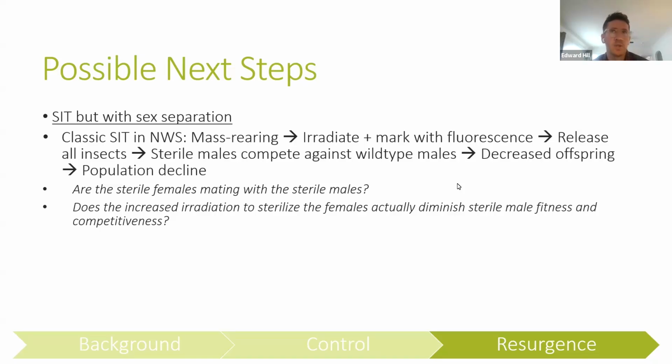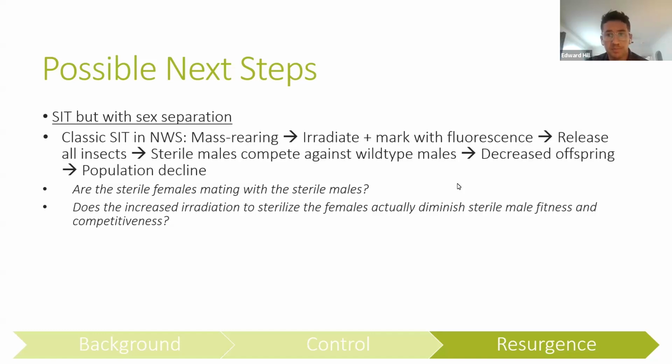There is a question of whether that radiation is too much. So does the increased radiation needed to sterilize the females actually diminish sterile male fitness and competitiveness? Those are a couple of the questions I came up with for the classic SIT approach in New World screwworms.